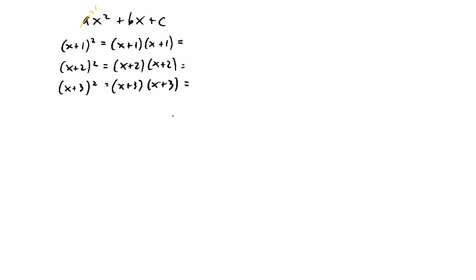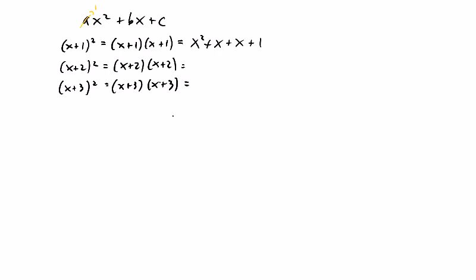When we use a distributive property to evaluate each of these, we could see that the first one has to have 4 products. So the first would be x squared, second product would be x, third product would be x again, and the fourth product would be 1.